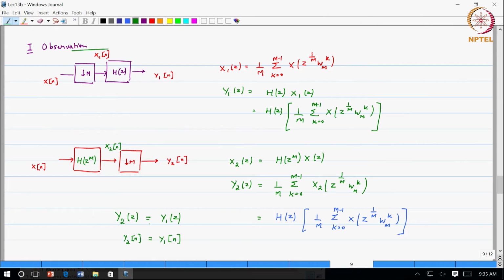So, this block is the same as this block. These two are the same, the green boxes are the same. So, I can actually draw downsampling by a factor of m. Let me just do that.